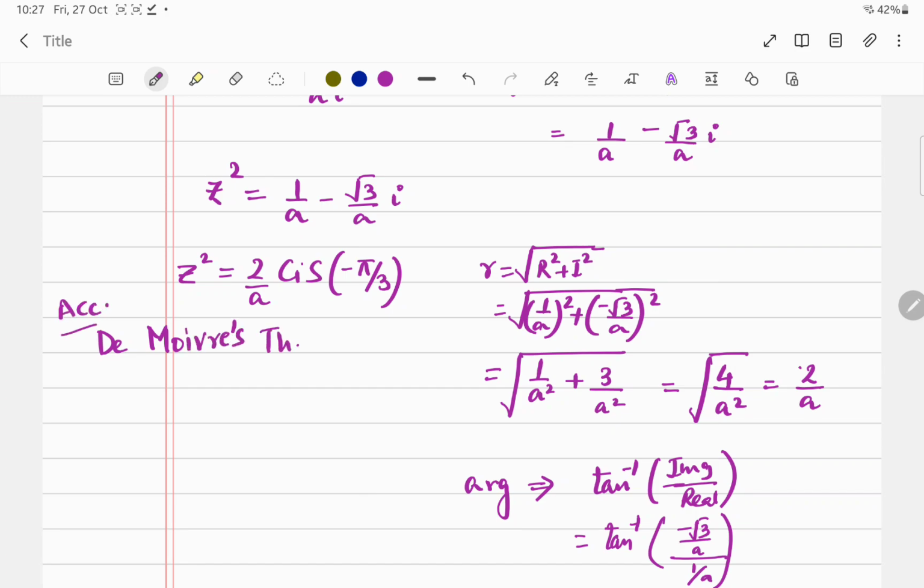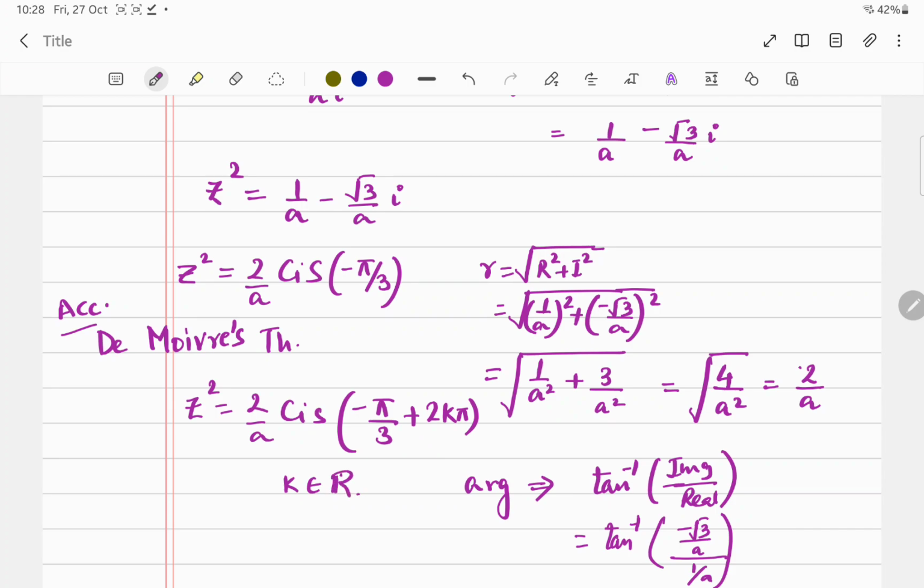According to de Moivre's theorem, z squared is equal to 2 over A cis. When we are finding multiple solutions, we make it a general thing. So it's going to be minus pi over 3 plus 2k pi, where k is any integer.